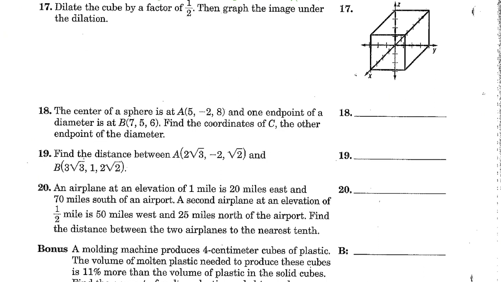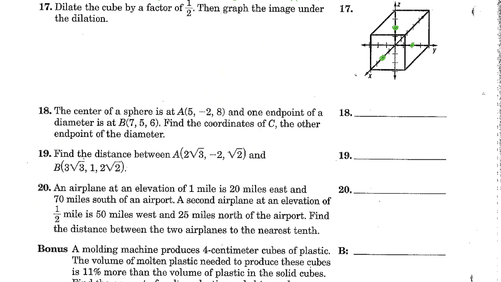Dilate the cube by a scale factor of 1/2, then graph the image under the dilation. I'm assuming they mean about the origin because they don't say the center of dilation. So every point gets multiplied by 1/2. This point was on the axis at 4, but now it's 2. Instead of going 4 up, we go 2 up, and all the other points on top too.